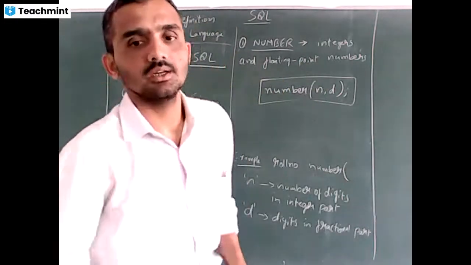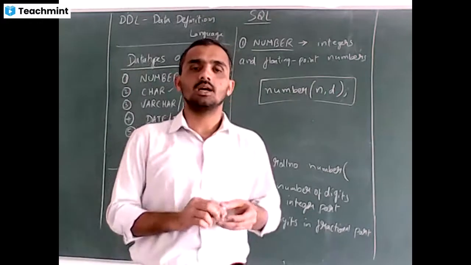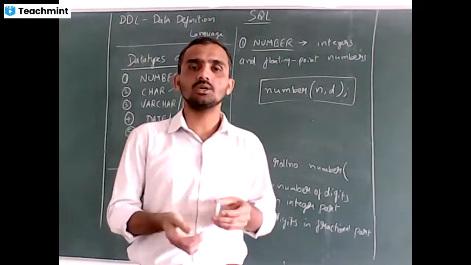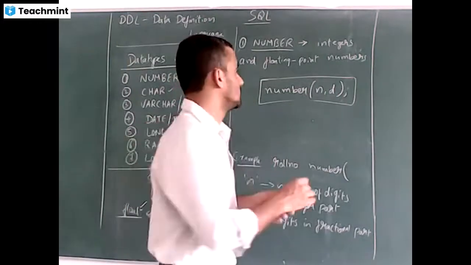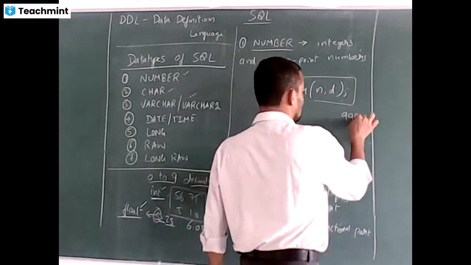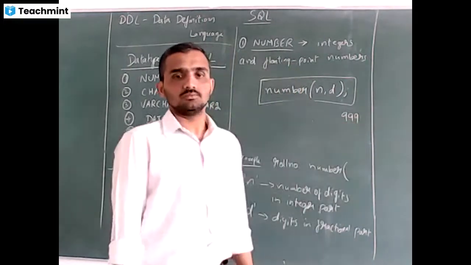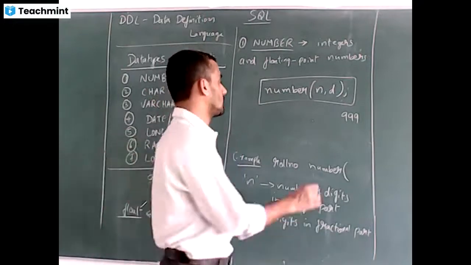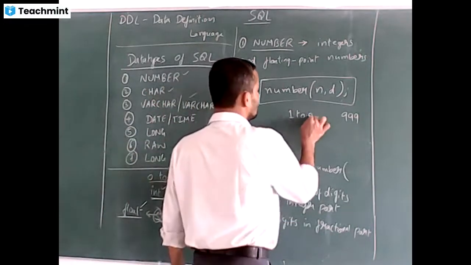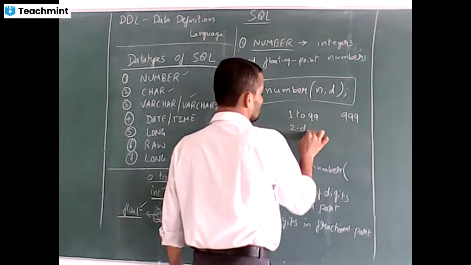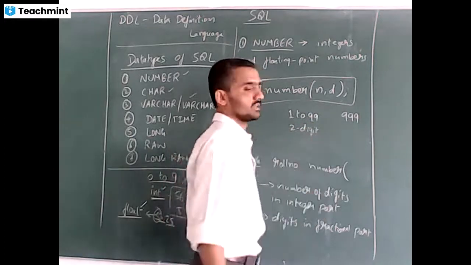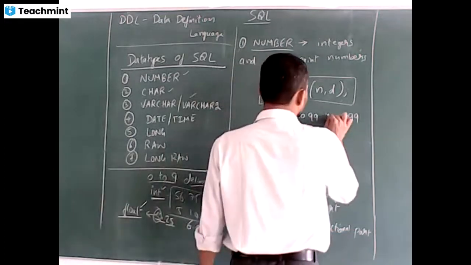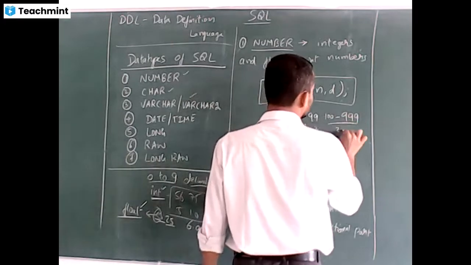Roll number maximum: if you consider there are 100 students, from 100 to 999 it is a 3-digit number. If you consider less than 100, that is 1 to 99, it is a 2-digit number.